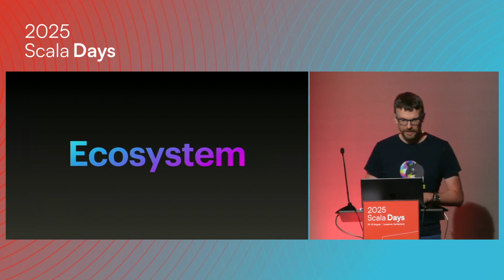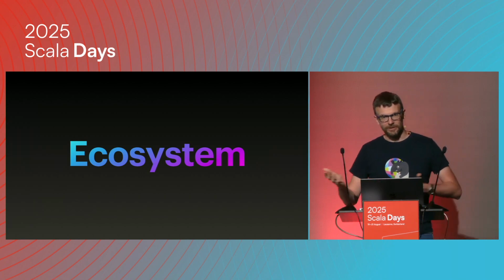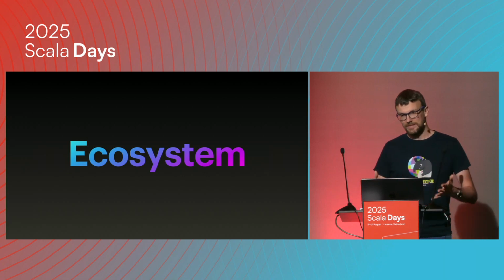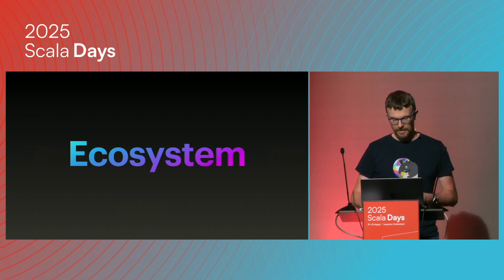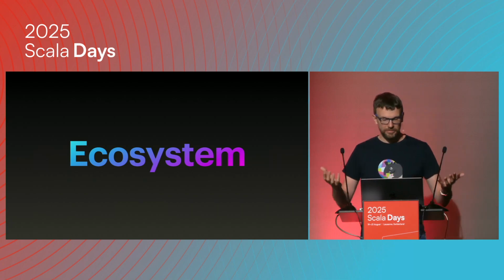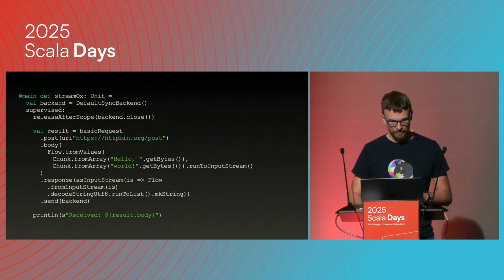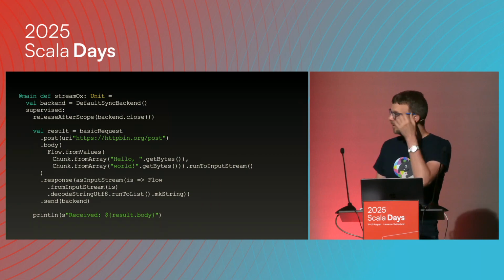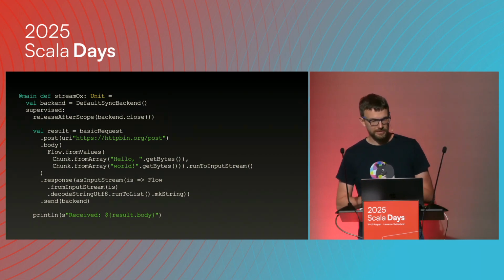Now let's take a look at the ecosystem, because it's nice if we have a direct style Scala concurrency library, but it's only as nice as all the other things that we can use it with, right? Like Cats Effect and Zio both have their own ecosystems, which make it easier to write code using these approaches. So first of all, we've got the basics coming from our open source libraries.